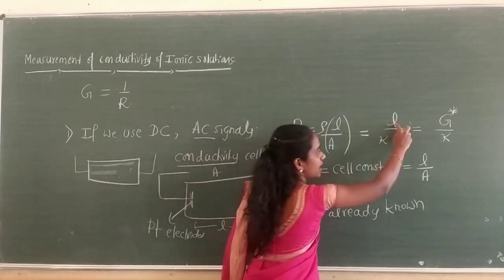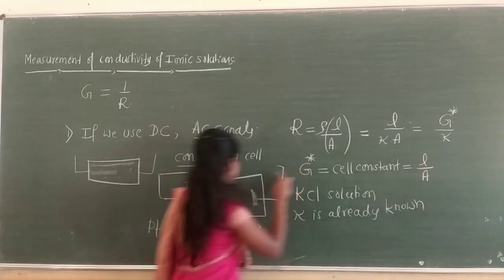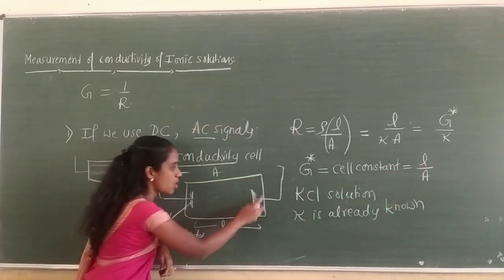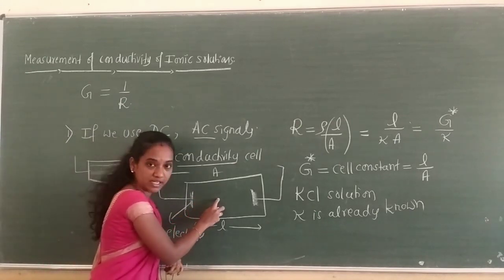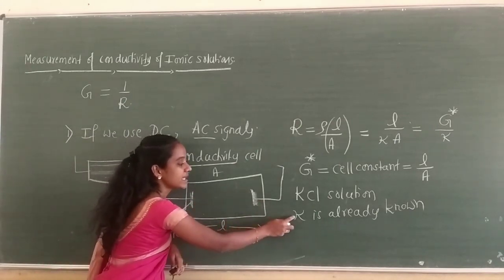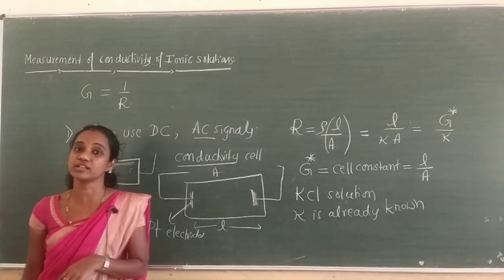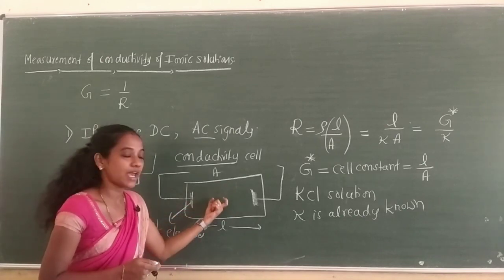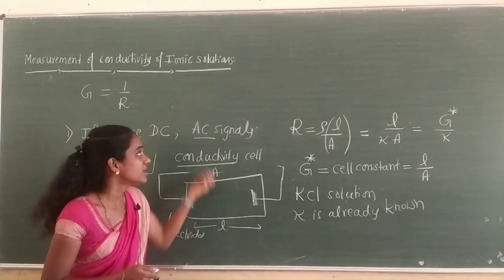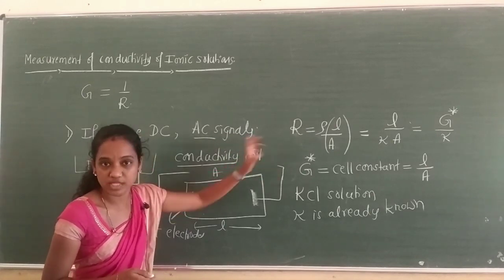In order to calculate the cell constant, L by A, potassium chloride solution is taken whose conductivity K is already known at various concentrations and at different temperatures. Once the K value is known, we can directly calculate the resistance using a formula.